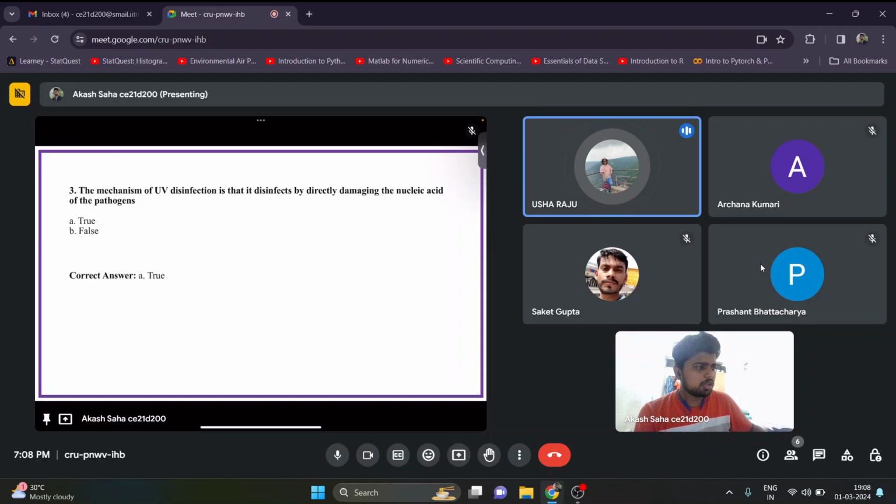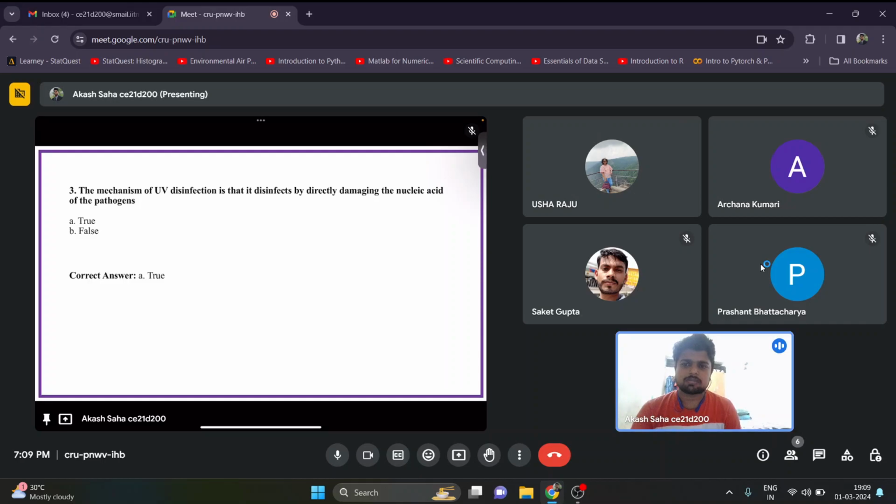I have one question. Does this UV disinfection lead to free radical formation, hydroxyl radical formation? In some cases, yes. Earlier there was some ambiguity whether it forms or not, but now people are finding out that some radical formation is also there because of UV. One of the lectures, the professor told that these radicals are formed during UV disinfection.